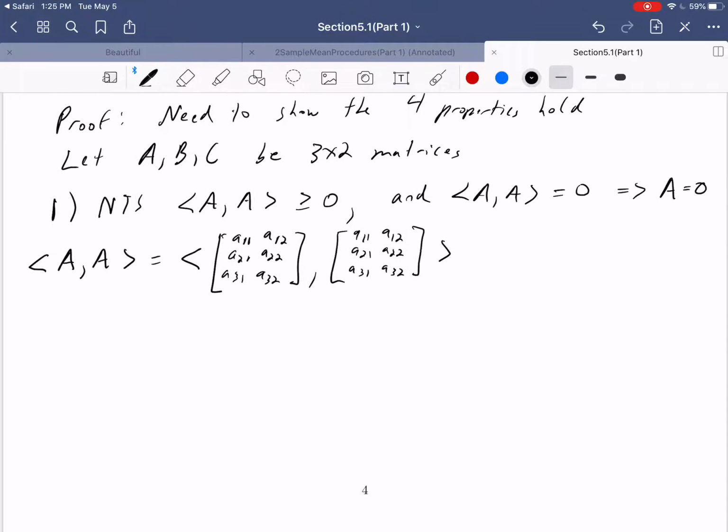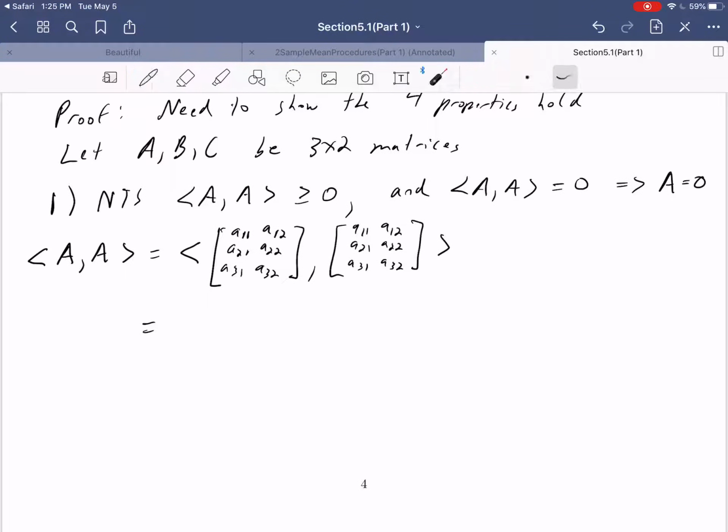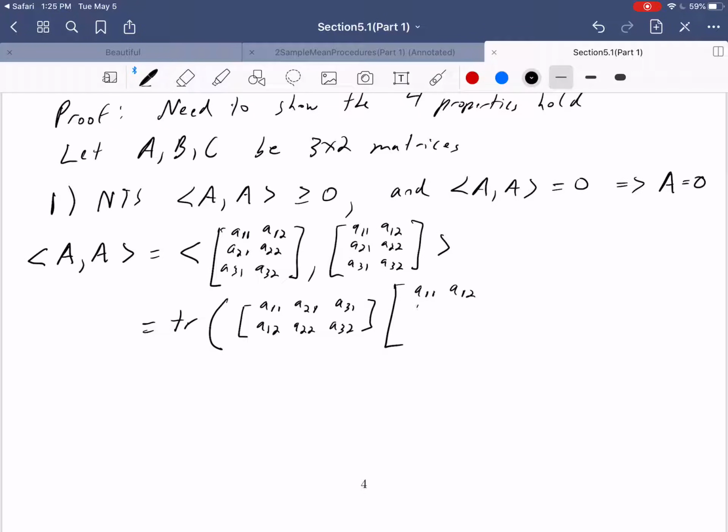Now, according to the operation, what we need to do is take the transpose of this, multiply it with this, and then take the trace. So this will be the trace of the transpose, which looks like A11, A12, A21, A22, A31, A32, times A11, A12, A21, A22, A31, A32.